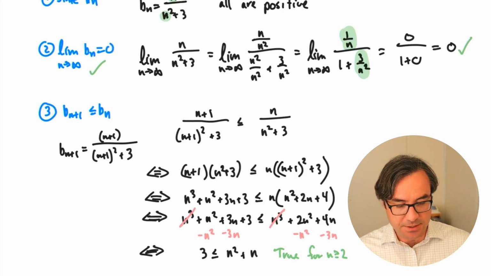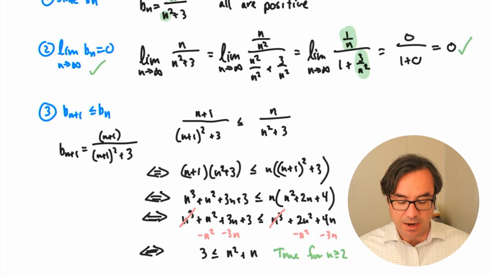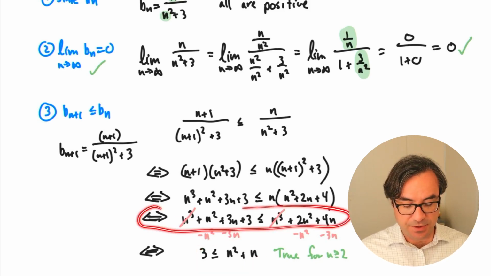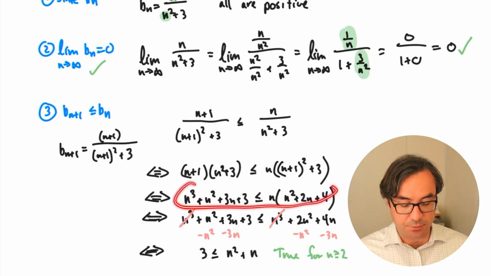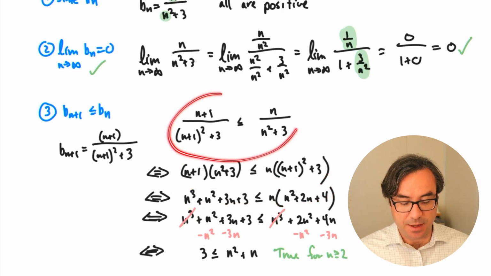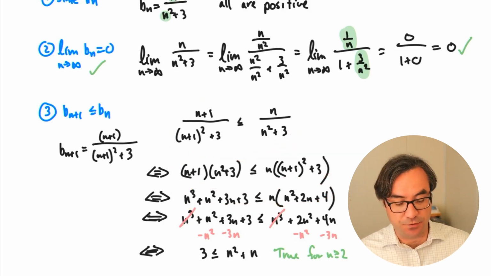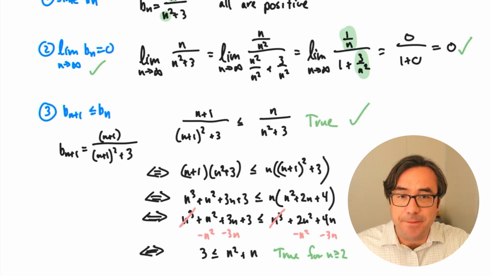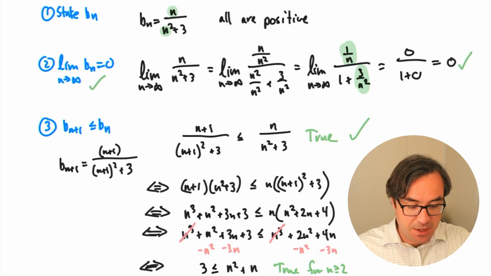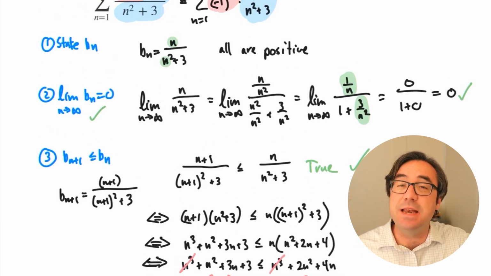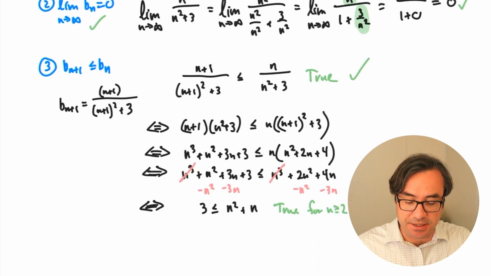So because this is true, we can just reverse our steps. This is true, implies the previous line was true, implies the previous line was true, one before that was true, and then the inequality that we wanted to prove is true as well. All right. So that's it. We've done it. We've gotten both conditions satisfied for the non-alternating part of this alternating series.